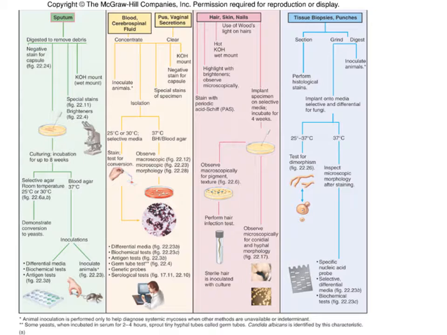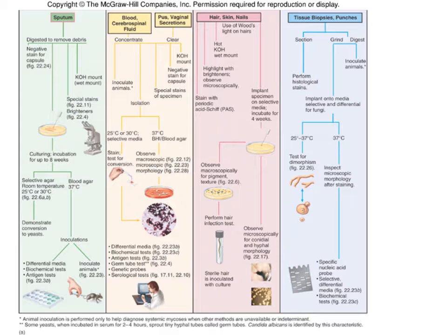If you look at different specimens that we normally see that are tested from different patients, you can see sputum is number one. This is how we process the sputum. And blood, cerebrospinal fluid, pus, vaginal secretions, hair, skin, nails, and then finally we have other tissues, tissue biopsies, and so on and so forth.